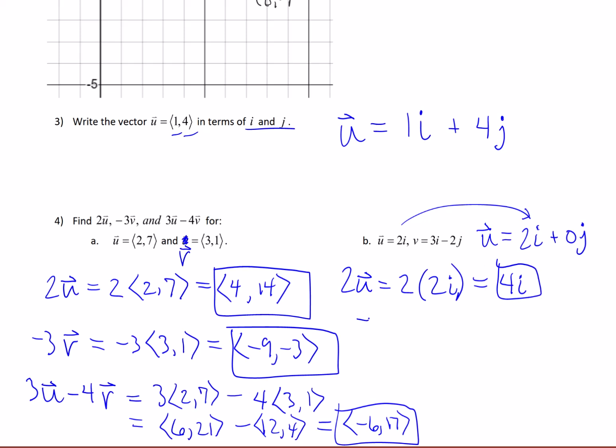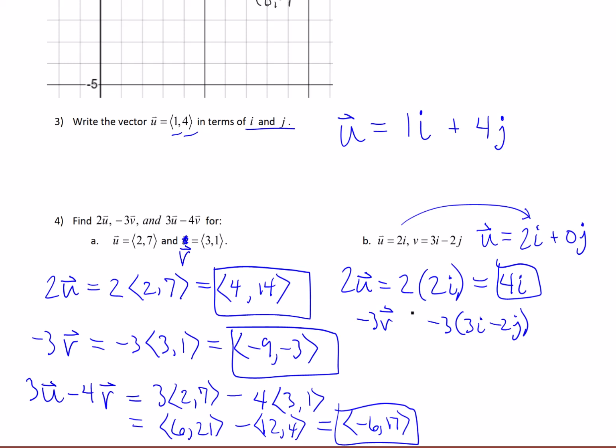Moving on, then we'll have negative 3v, which was our second expression to find. Negative 3v works the same way. You're going to multiply negative 3 times the ij form of vector v. Now that was given as 3i minus 2j. So this turns into just basic algebra.